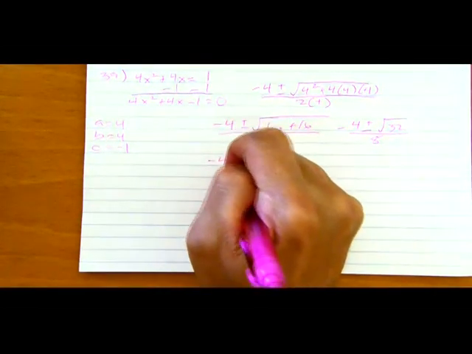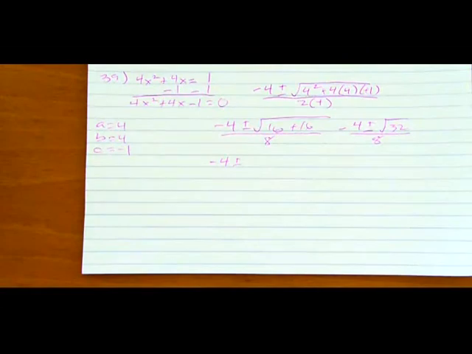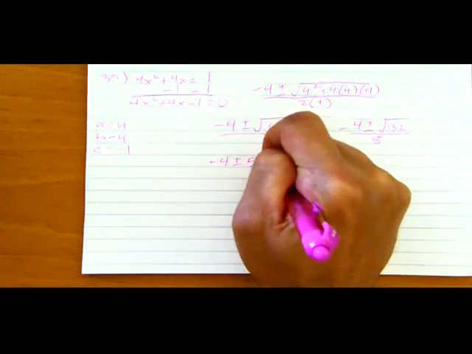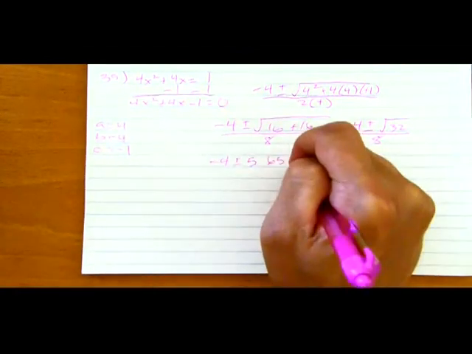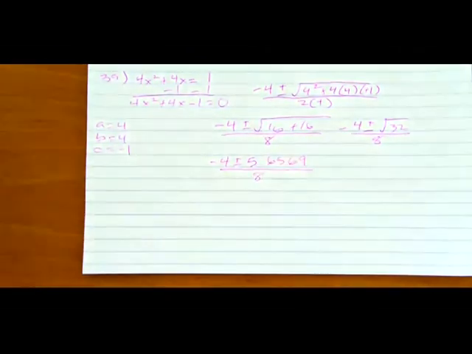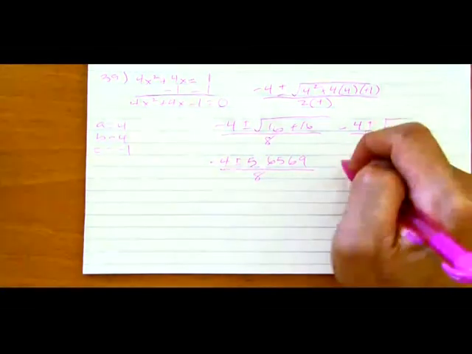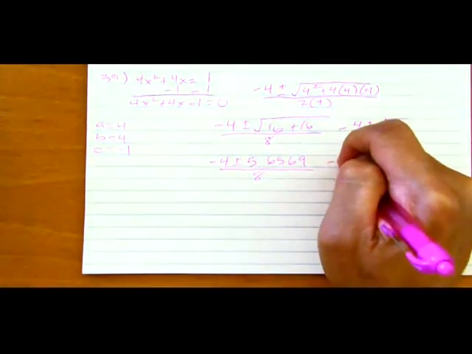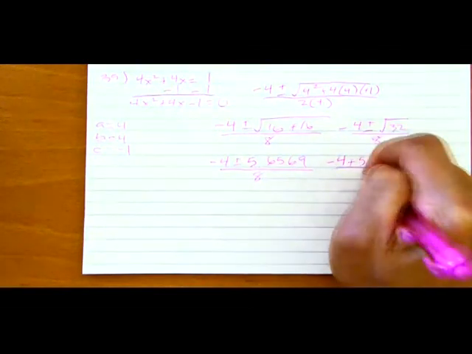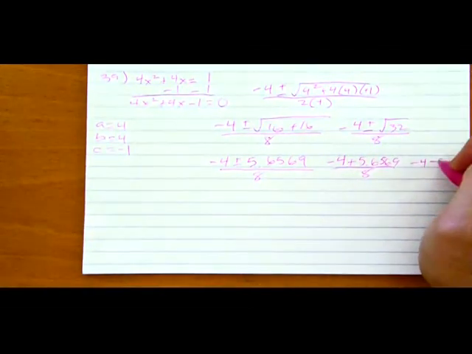Negative 4 plus or minus the square root of 32 is 5.6569 over 8. Okay, so we'll split them up and we'll solve each one separately. Negative 4 plus 5.6569 over 8. Negative 4 minus 5.6569 over 8.